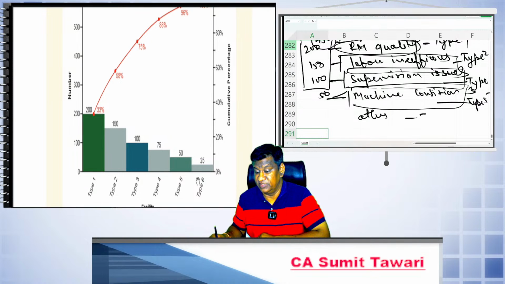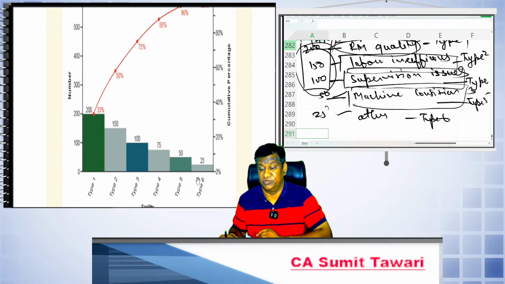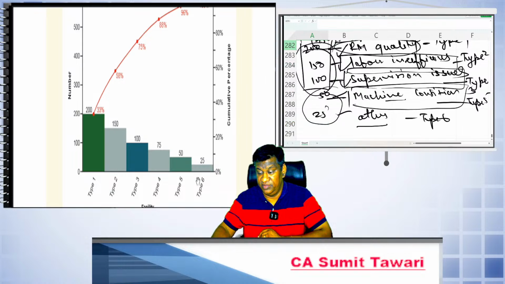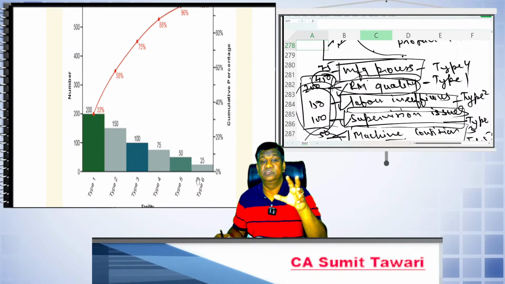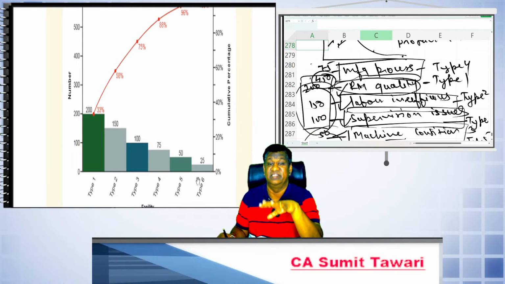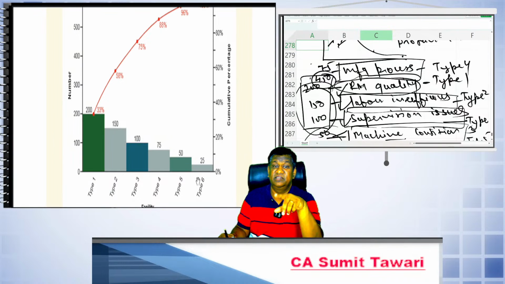This is my type 6, and this is 25. So what happened? My priority is to cure these defects first. So I need to take action on raw material quality, labor efficiency and supervision. For the time being, I can ignore machine condition and the other factors, including the manufacturing process, because the defect count because of these is less.